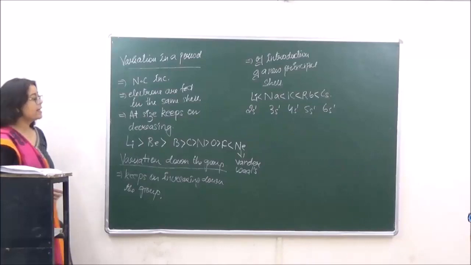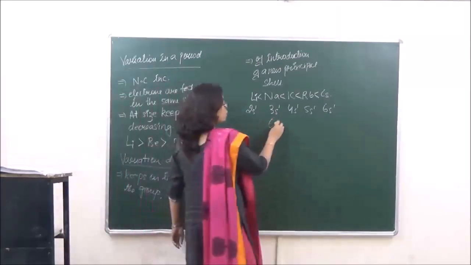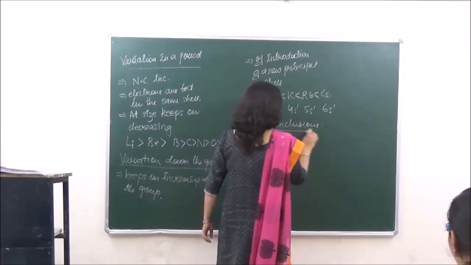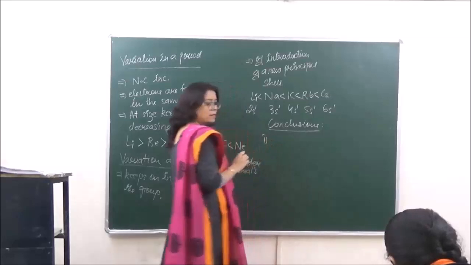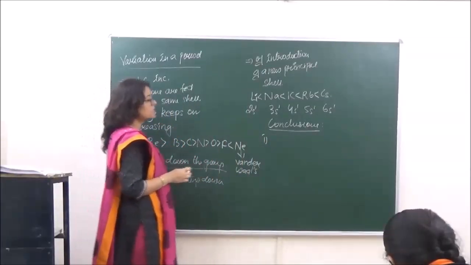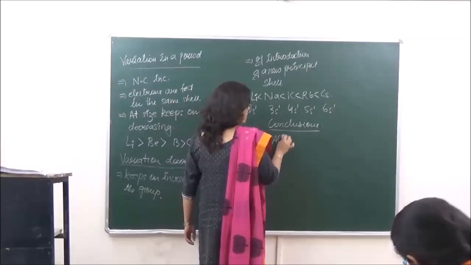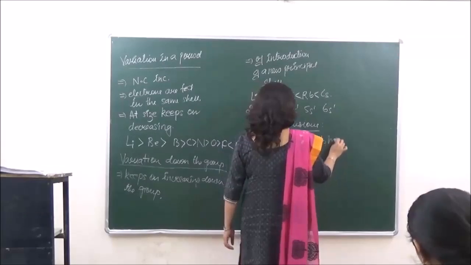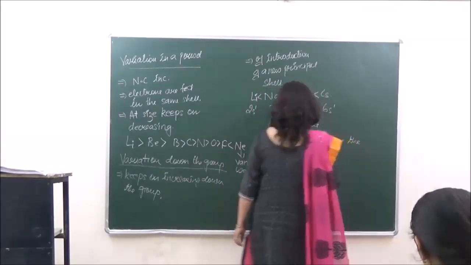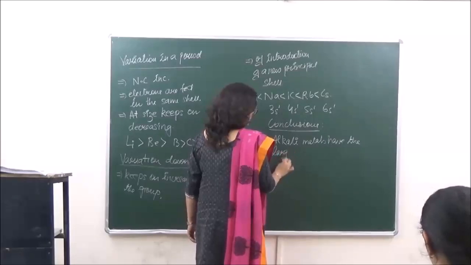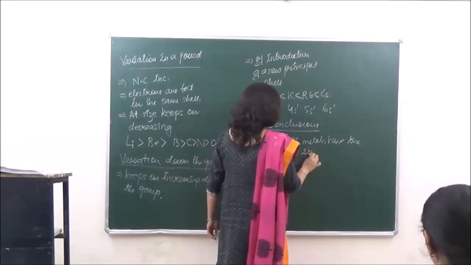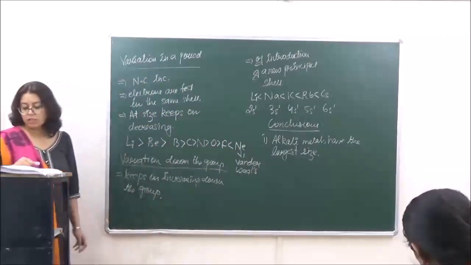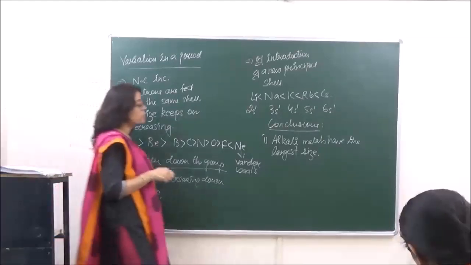Okay, so when we're looking at the atomic sizes, let's write some concluding points. Conclusions. Number 1: alkali metals have the largest size in the periodic table, and the halogens have the smallest size.